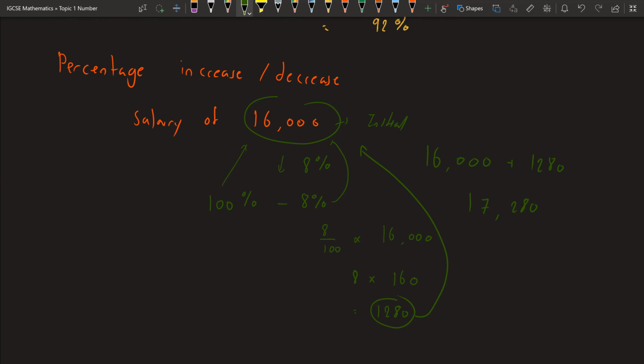So this would become subtraction instead. That would be 1,280, so it'll be 14,720. That would be a decrease. That's percentage increase and percentage decrease.